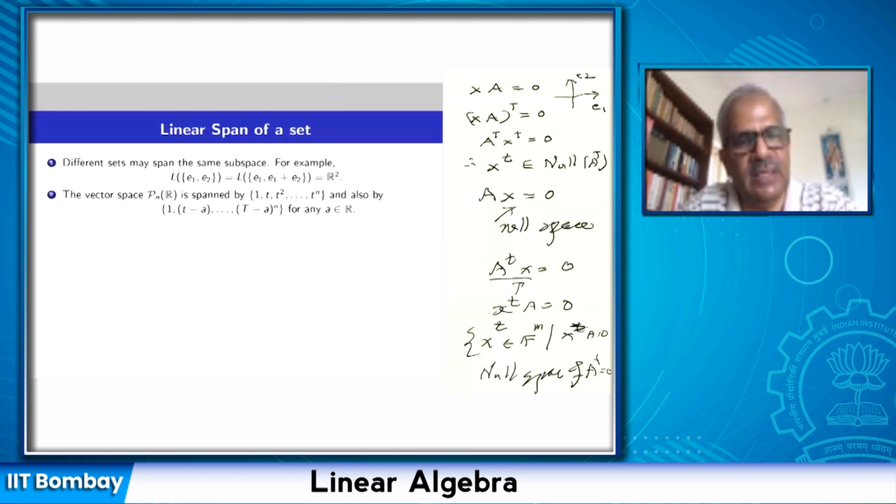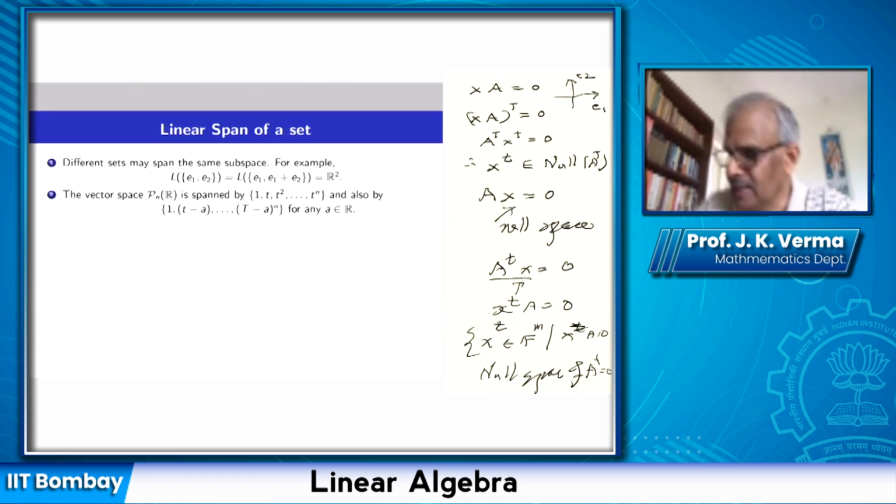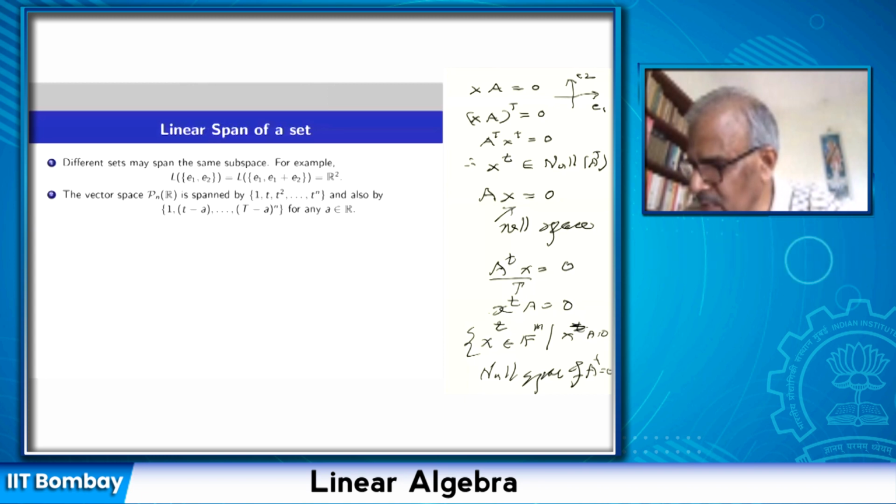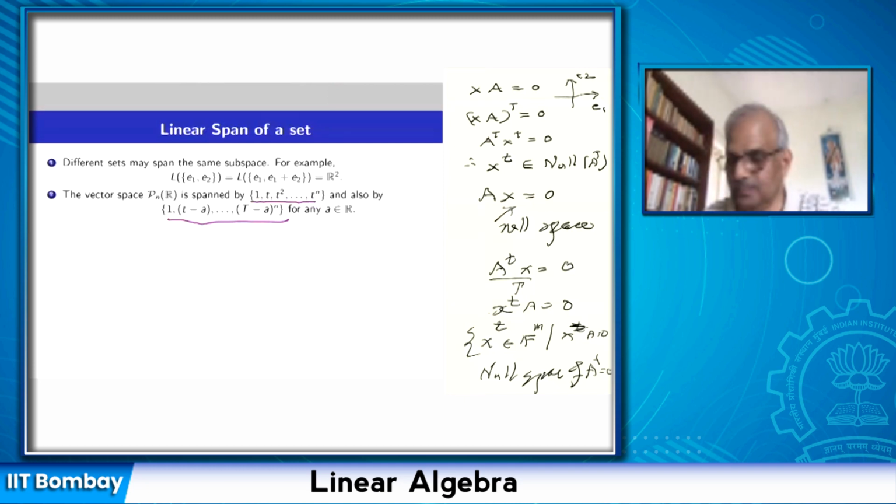So every polynomial of degree at most n can be written as a linear combination of the polynomials 1, t minus a, up to (t minus a) to the power n. The linear span of these n plus 1 polynomials is the same as the linear span of the original n plus 1 polynomials. If I keep changing a, I will see that P_n(R) is the linear span of infinitely many kinds of subsets of P_n(R).